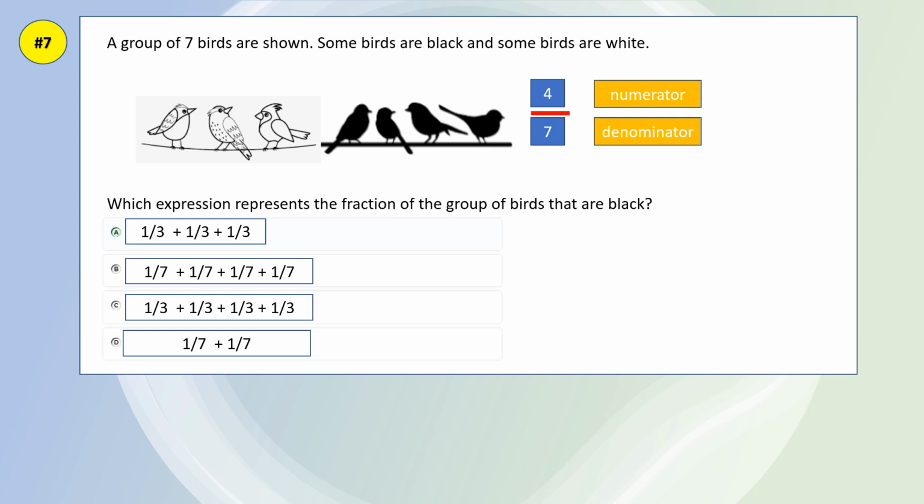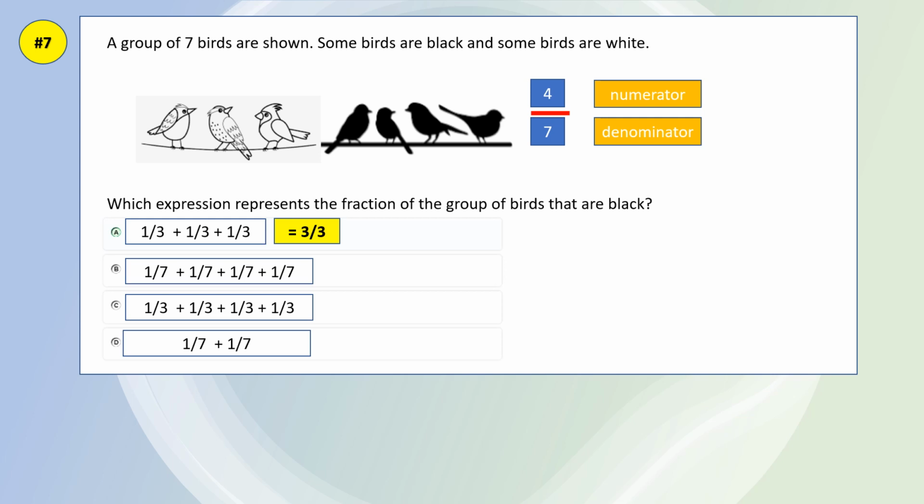Okay, let's go through our answer choices. Answer choice A has 1/3 plus 1/3 plus 1/3. Well, 1 plus 1 plus 1 is 3. So that means that answer choice A, the fraction 3/3 is represented there. Am I looking for 3/3? No. So A is not our answer.